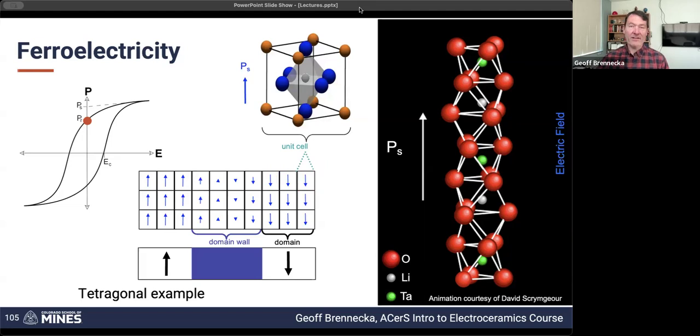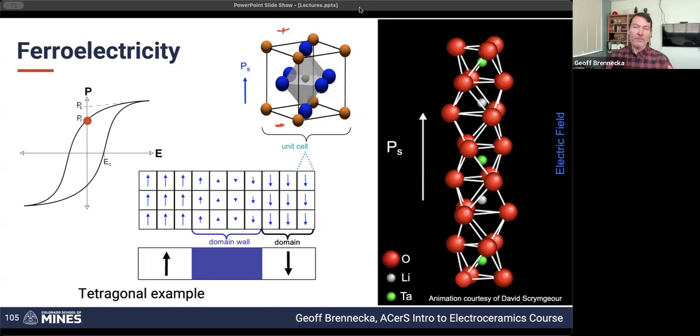Because this material has a spontaneous polarization built into the crystallography, it already has a plus and a minus side. If you shove it next to another unit cell, that is going to influence the one next to it to also have that same polarization, because it's going to be a lower overall energy if they're coordinated with one another.